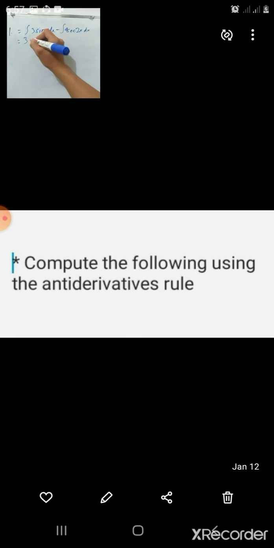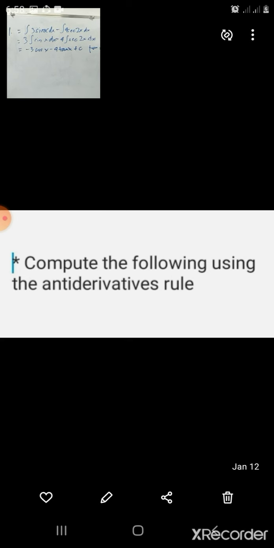Next, 4 sec x tan x dx. Also properties of integrals. So we have the integral equals 4 sec x plus c. This is from the table.